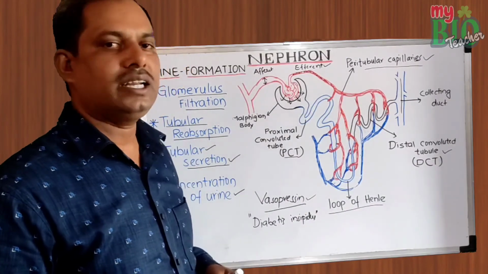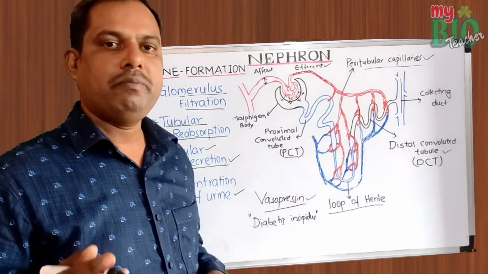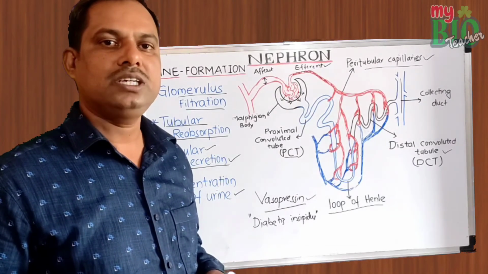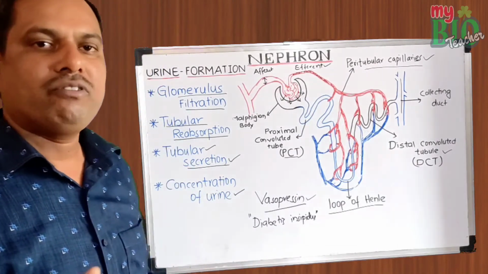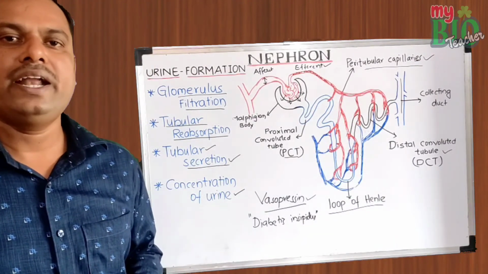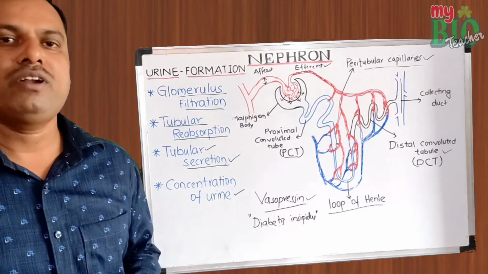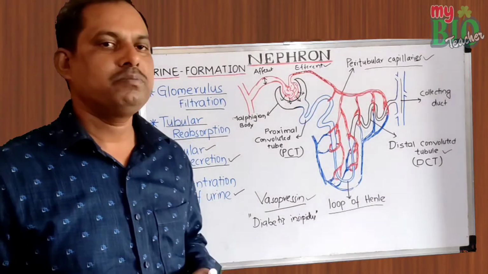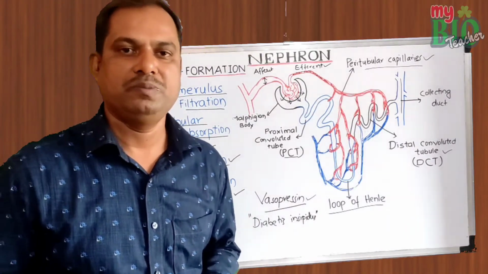From the collecting duct, it enters the pyramids, and from the pyramids it enters the pelvis area. From the pelvis it enters the ureter, urinary bladder, and urethra. From the urethra the urine comes out of our body.